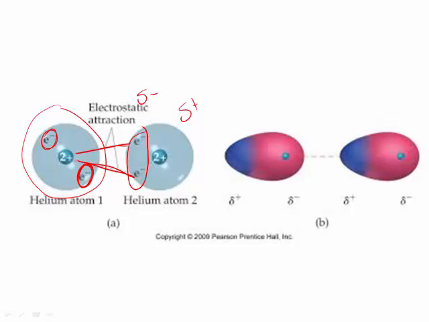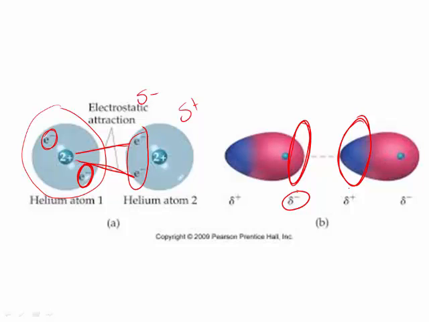We can also see here in this picture that we've got an atom that has a slightly negative end where most of its electron density is happening on this side, and again over here we've got our slightly positive end.